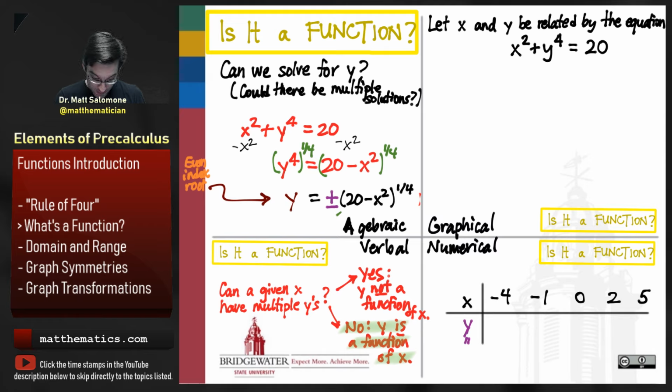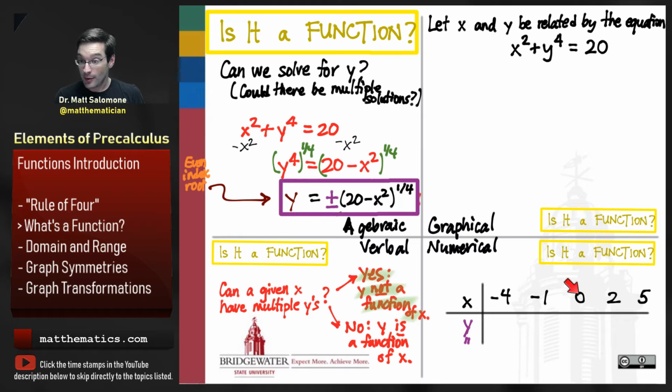Is it possible for there to be multiple solutions for y for a given x? And in this case, because of that plus or minus, and only because of that plus or minus, the answer is yes. There are values of x that I can supply that give me multiple different values for y. For example, if I take x equals 0 in my data table here, then 20 minus 0 squared is going to be 20.